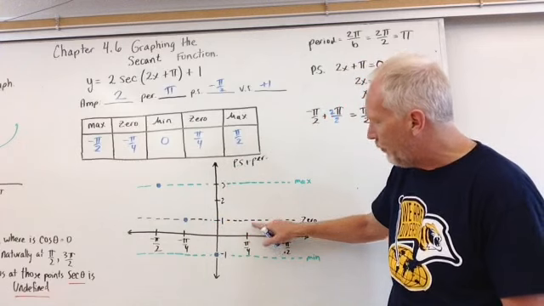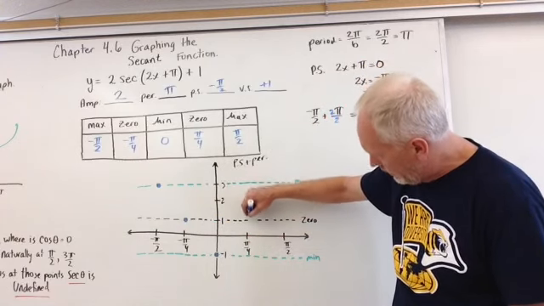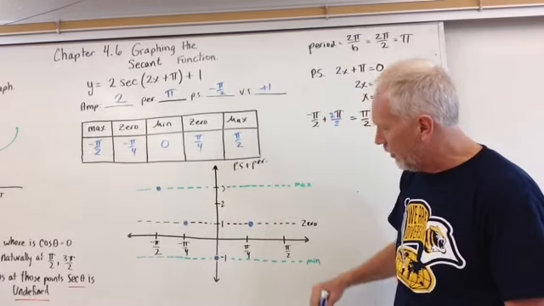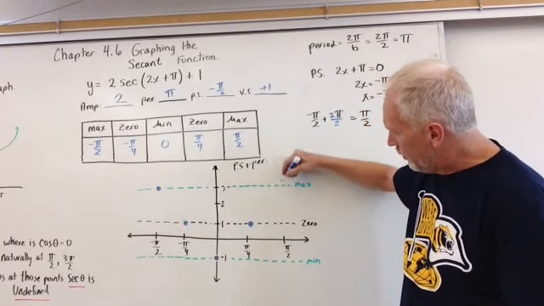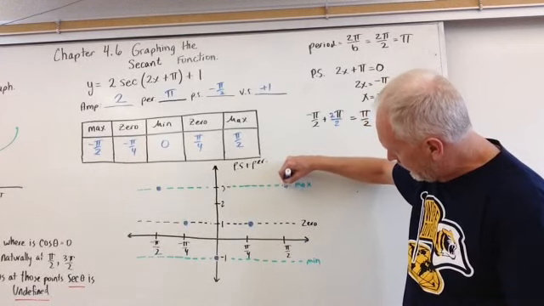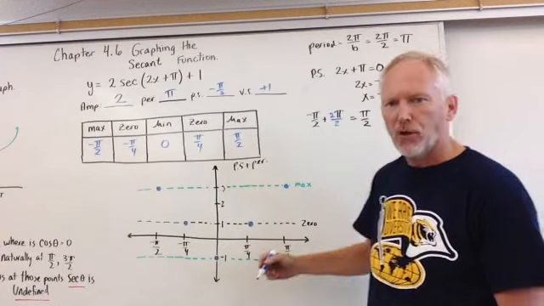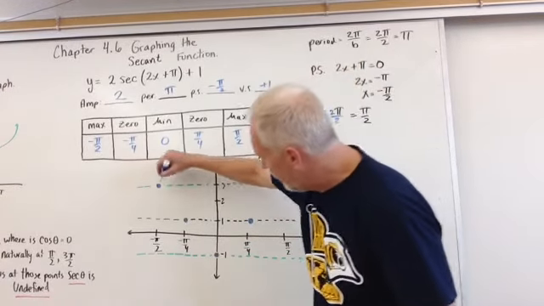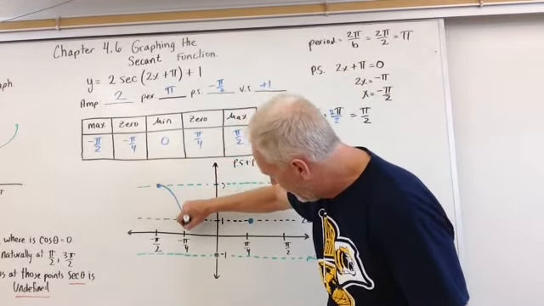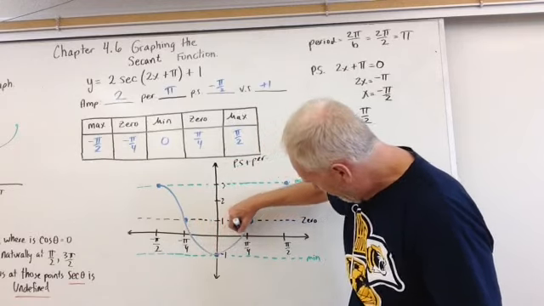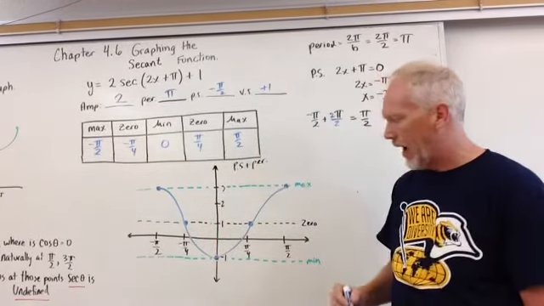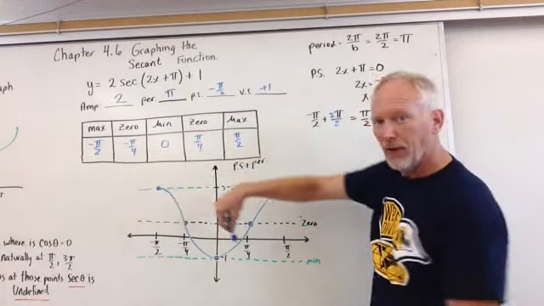And then at pi/4, we've got a 0 again. So that'll go there. And then at pi/2, we have a max. So I'm first drawing my cosine curve. So my cosine curve looks like that. Pretty good for a left-handed swoop down.